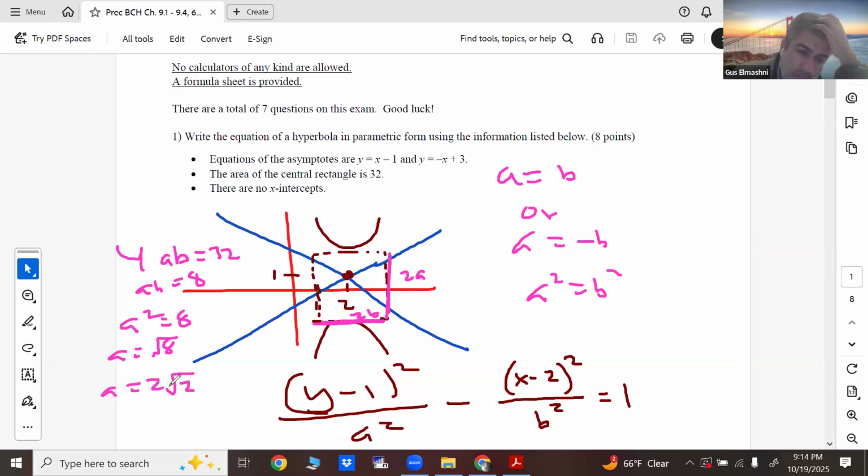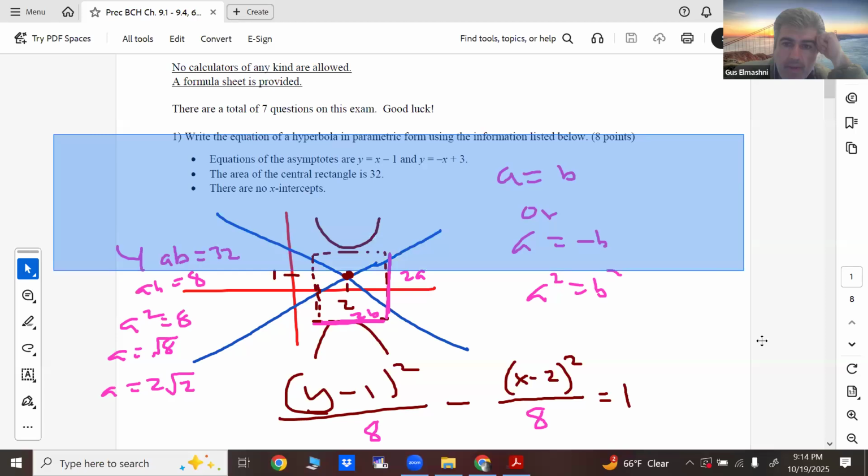So A squared is 8, and B squared is also 8. And now we have our answer. Oh, then we have to write it in parametric form. Forgot about that. So let me erase all this right now.